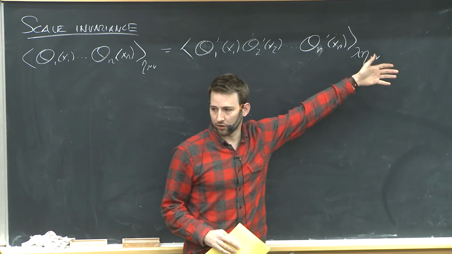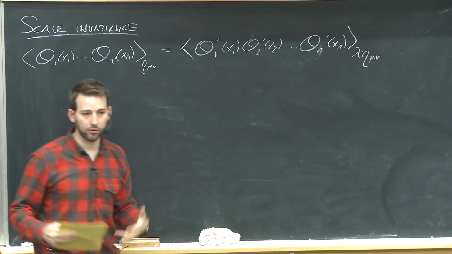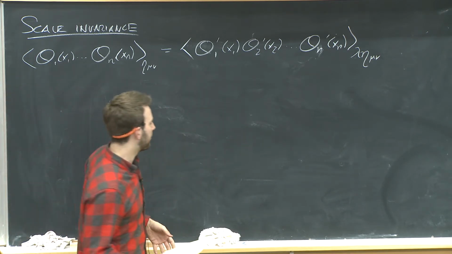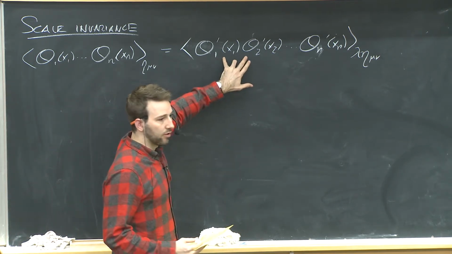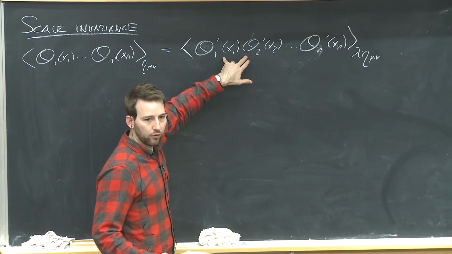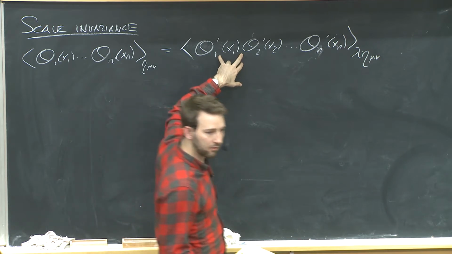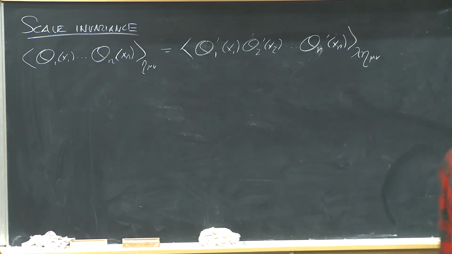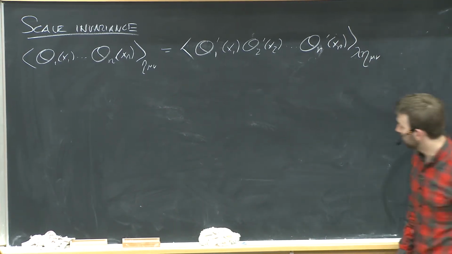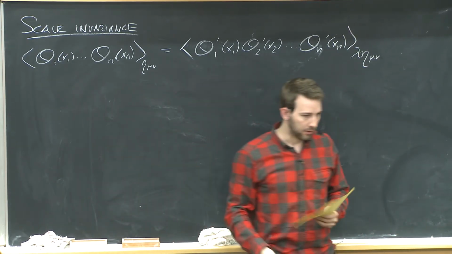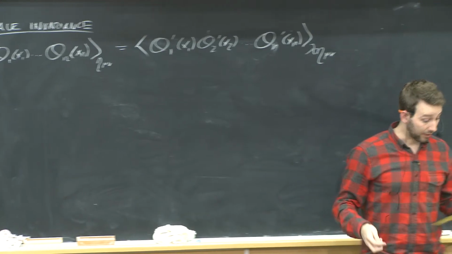So I've now changed the overall scale, but Silvio told us that there's no intrinsic scale. So my theory shouldn't know that I've changed the overall scale by changing the background. But my local operators might transform under this identification. So this is this anomalous scaling that we were talking about. These operators may have some anomalous dimensions, or even just some dimensions. And that means they will be related in some fixed way between the original theory and the rescaled theory.